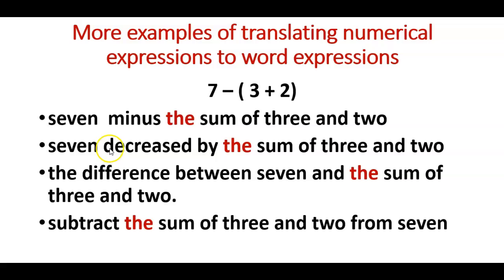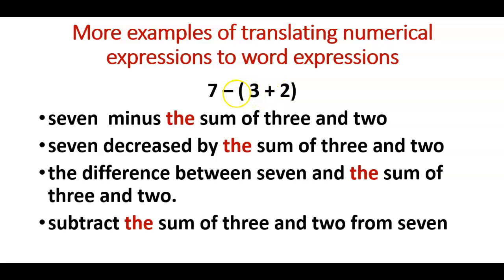Same is true here. 7 decreased by what? The sum of 3 and 2. Okay? The difference between 7 and what? The sum of 3 and 2. So remember, if there is parenthesis, we are going to use the article the, which means to say it is the result of whatever operation inside the parenthesis to be subtracted from, to be multiplied to, to be added to, to be divided to.